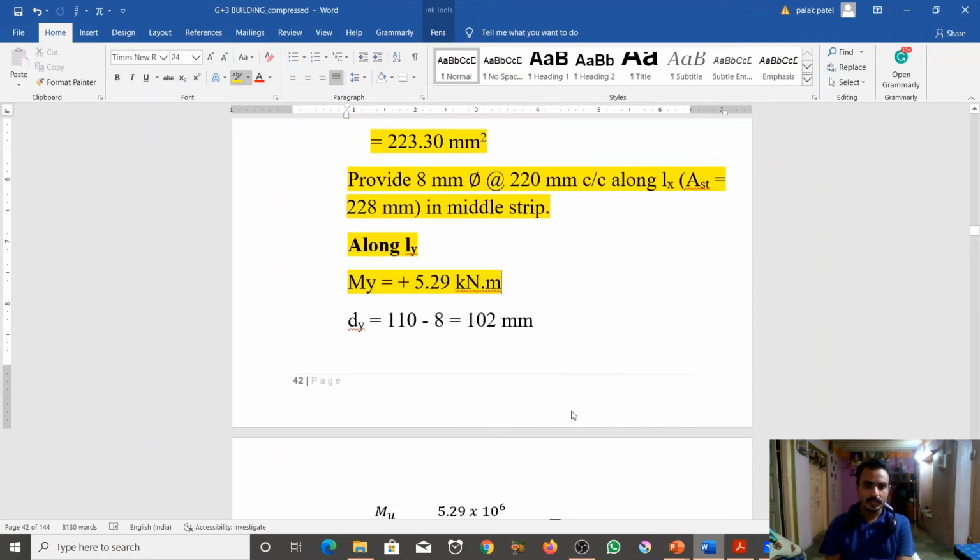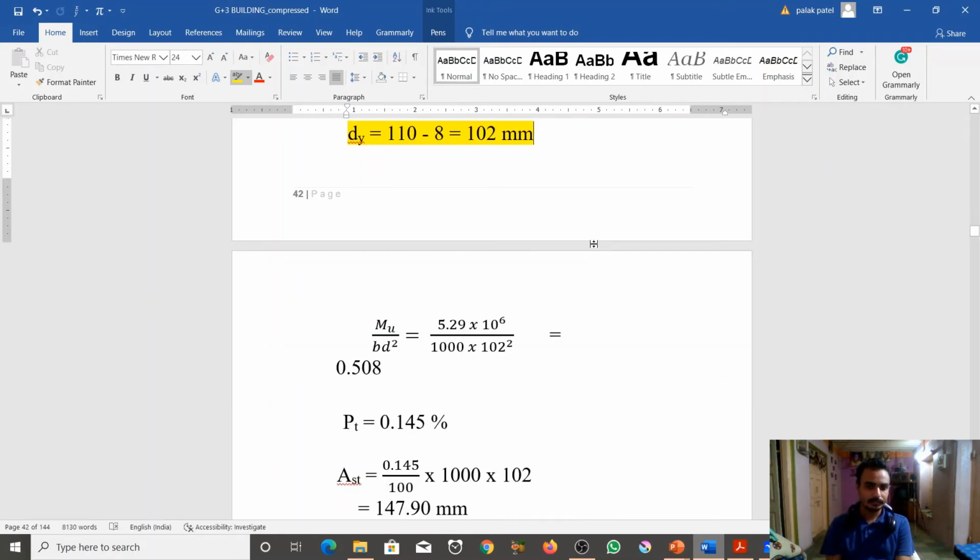Along Ly we use My, moment in the y direction, and effective depth in the y direction: 110 minus 8, where 8 means the diameter of the bar. So effective depth at the longer span is 102 mm. Find Mu upon bd square: 5.29 into 10 raised to 6 divided by 1000 into 102 square. So Mu upon bd square is 0.508.